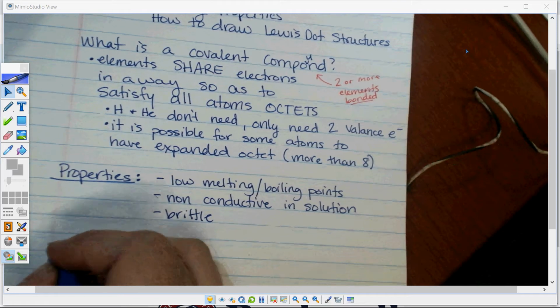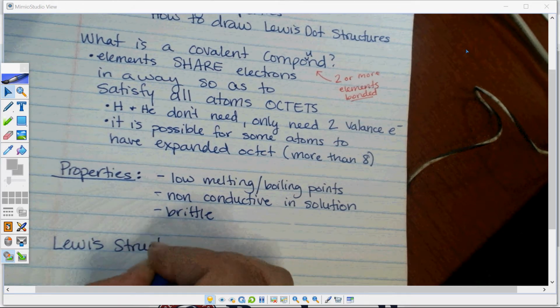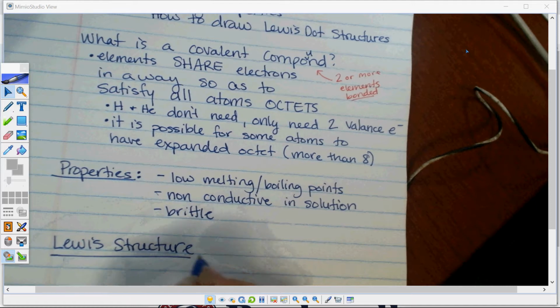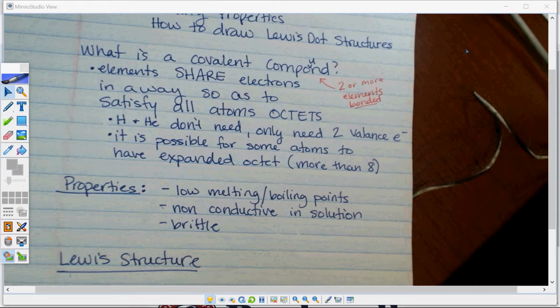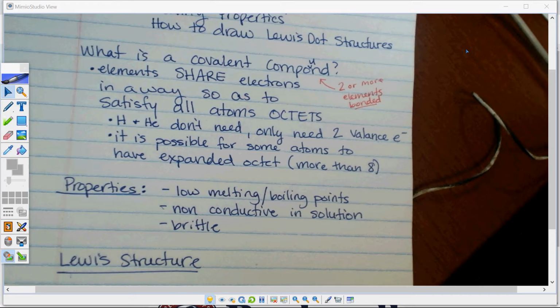So now let's talk about how do you draw a Lewis structure. So the first thing you got to do is look at the element and determine how many total valence electrons are present in that particular compound.